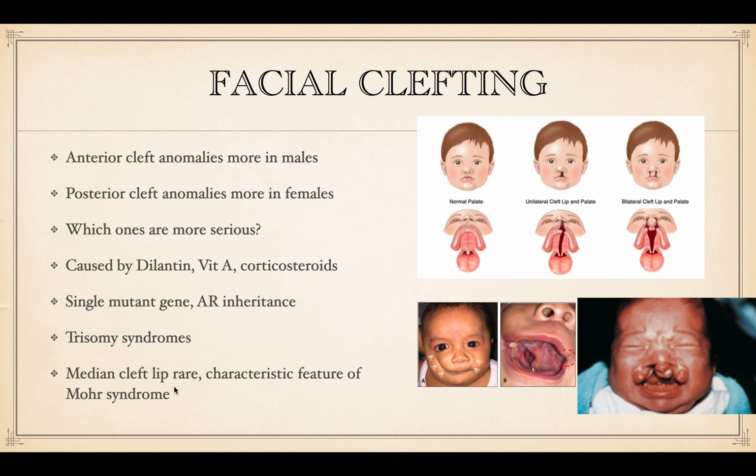And the median cleft lip is going to be really rare. Usually it's just going to be unilateral. A median cleft would be straight down the middle, but usually that doesn't form. It's a characteristic feature of Mohr syndrome. Bilateral cleft lip is also pretty rare and very, very hard to fix, as you can see here.